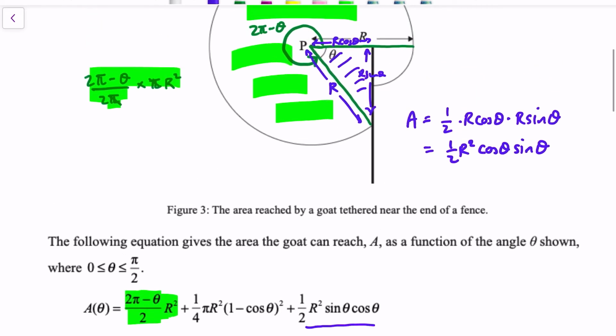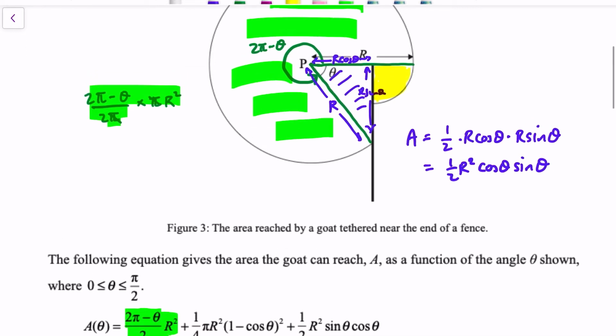Well, that's the small little circle, a quarter of a circle, there. It's a quarter of a circle, but the radius is different because it's shorter. The radius of the circle is this length, which is the full rope's length, r, minus the length from P to the fence.